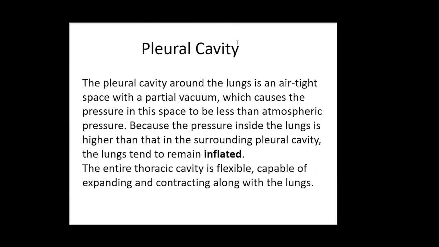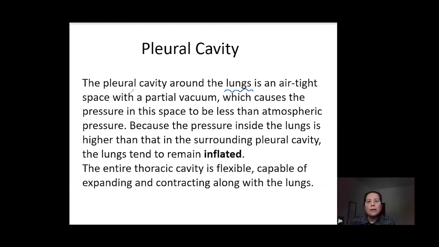Then we're talking about the pleural cavity. The pleural cavity is basically around the lung. It's a kind of air space. One side directly attaches to the lung, and the other side attaches to the inside wall of the chest.